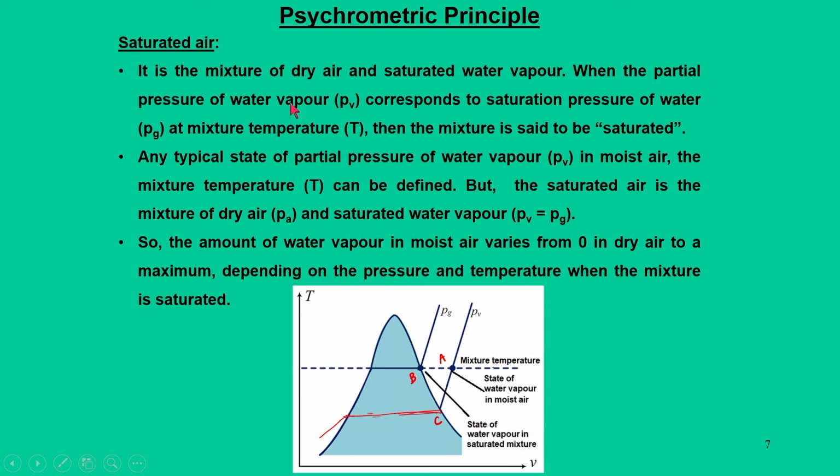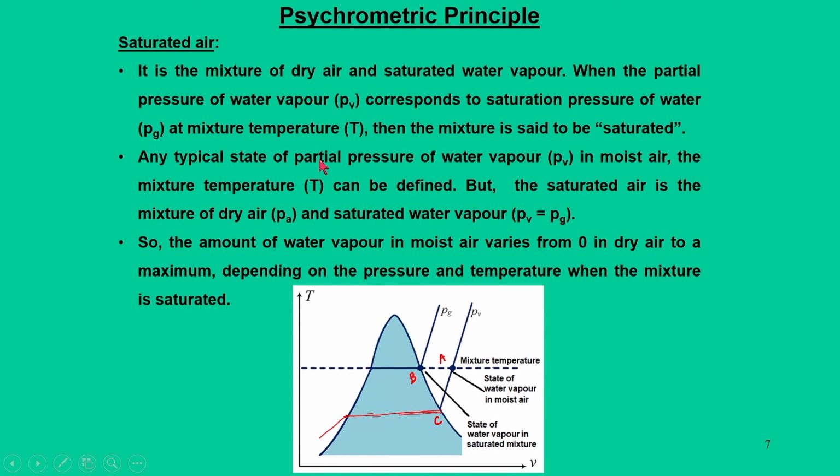When the partial pressure of water vapor corresponds to the saturation pressure Pg at mixture temperature T, then the air is said to be saturated. So, to reach saturated air, we must recall two things. We have to go along the same mixture temperature wherever it cuts the saturation curve, and in this case it is point B. In that case we call this saturated air.